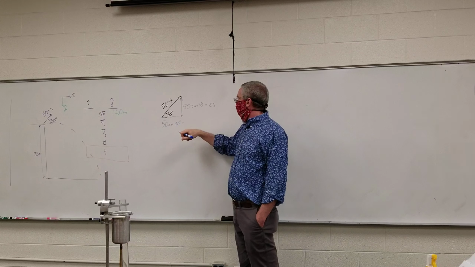So the time is 25 plus or minus the square root of 625 minus 4 times 4.9 times negative 20, divided by 9.8. I know the discriminant's going to be positive, so we're not going to have to deal with that issue.